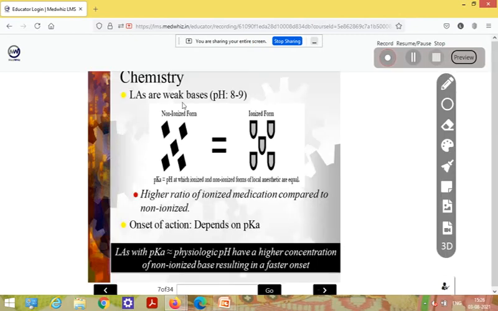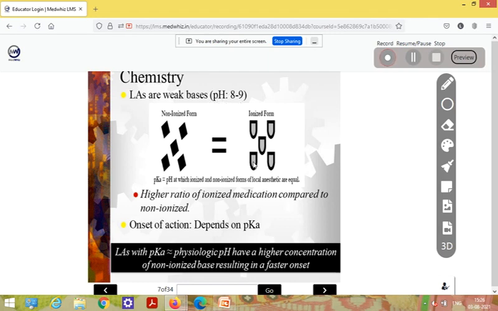Now, as I've already mentioned, local anesthetics are weak bases. So what do you understand? If you remember my class on pH and the ionization constant, the pKa, if you remember the Henderson-Hasselbalch equation, what does that say? pH is equal to pKa plus log of the unionized by the ionized concentration, isn't it? So these are weak bases.